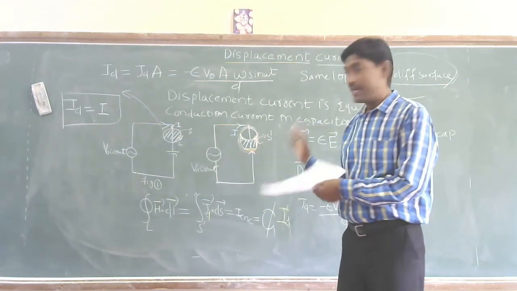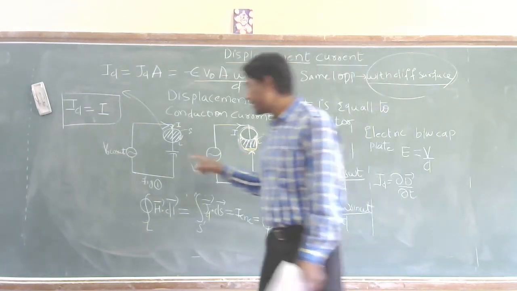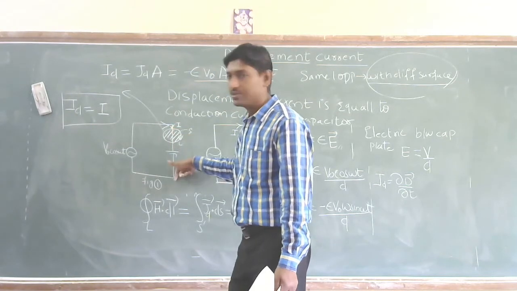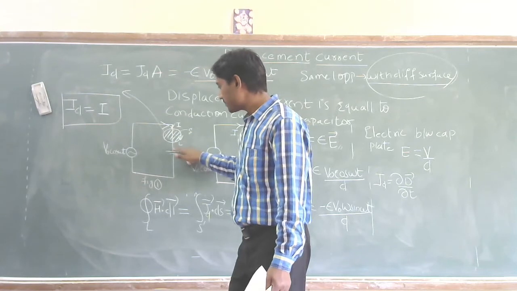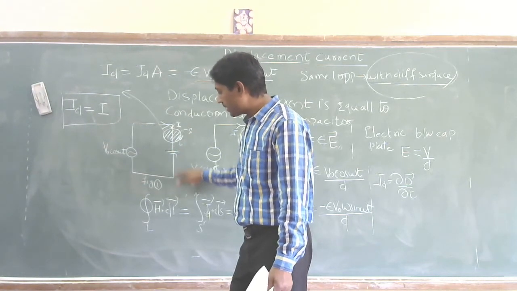It has to be equal because according to KCL, if I apply KCL at this particular node, whatever current enters here has to leave. Here it is conduction current, and here it is also conduction current.